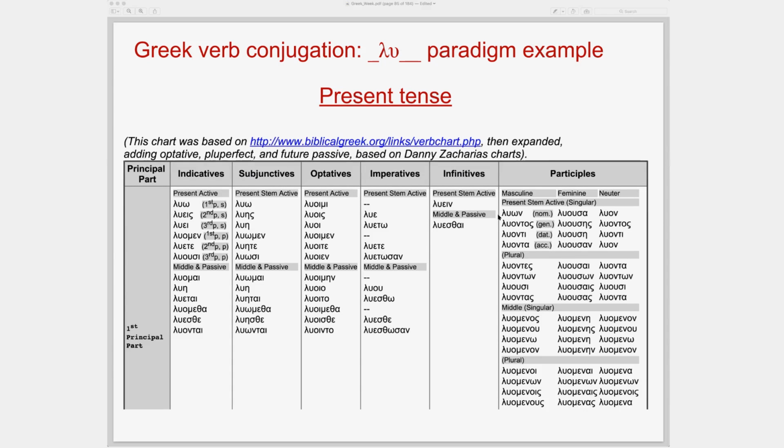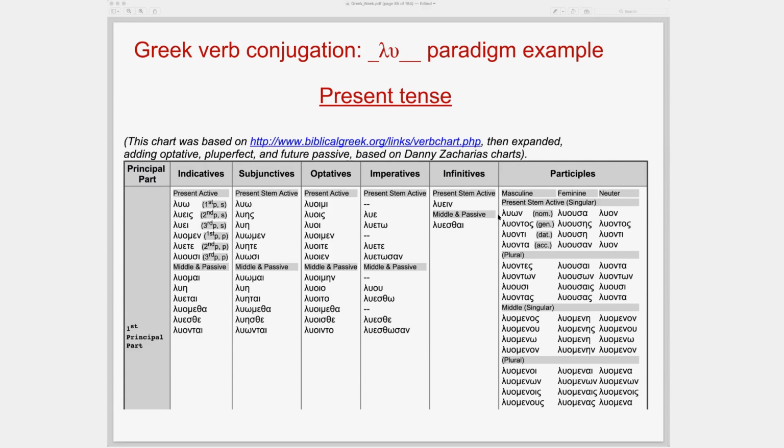Optative would be I might loose or could loose. Imperative doesn't exist in the first person, right? So then, in the case of the second person, it would be lue, which would be loose, you meaning. But the third person would be lueto, okay, referring to the third person. Okay, then the infinitive to loose, middle to or passive to be loosed.